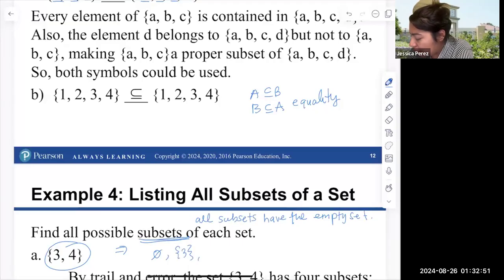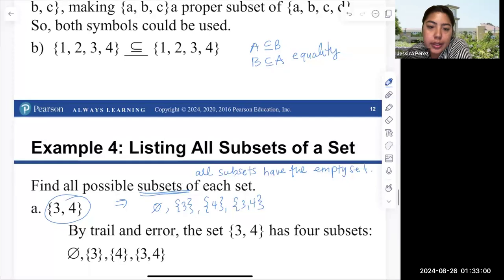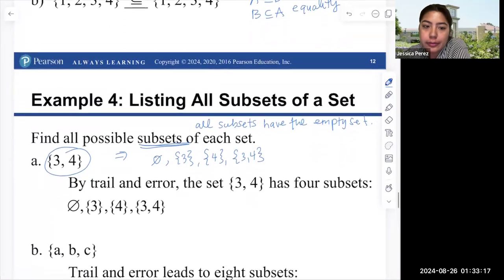We have a 3, we have a 4, and we have a 3 comma 4. This is how you list them: empty set, and then 3, and then 4, and then 3, 4. So you break them into pieces. Remember, the empty set will always be a subset of any set.